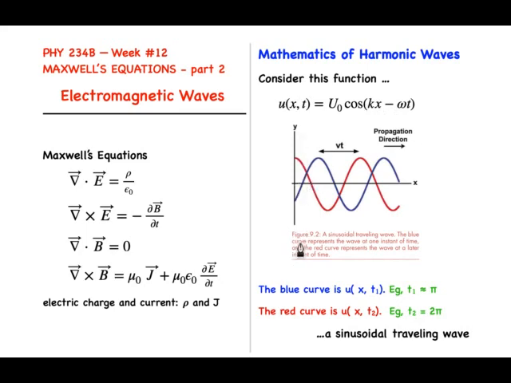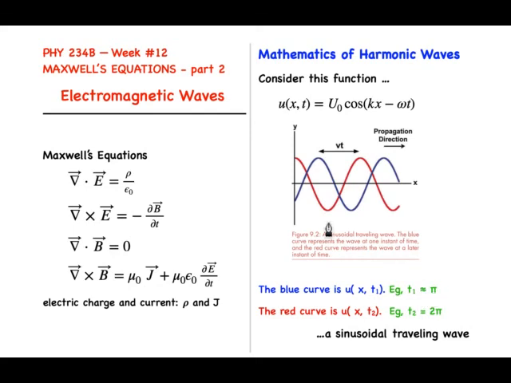So here's a figure from the book, a sinusoidal traveling wave. The blue curve is this function as a function of x for some value of t. So the blue curve is u of x and t1.